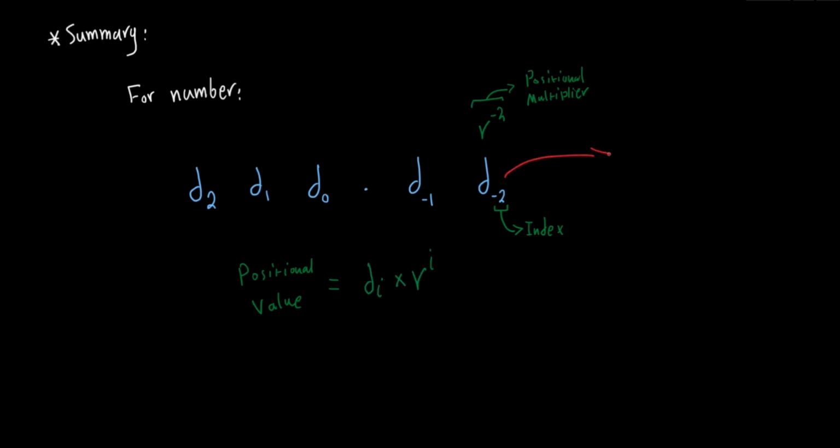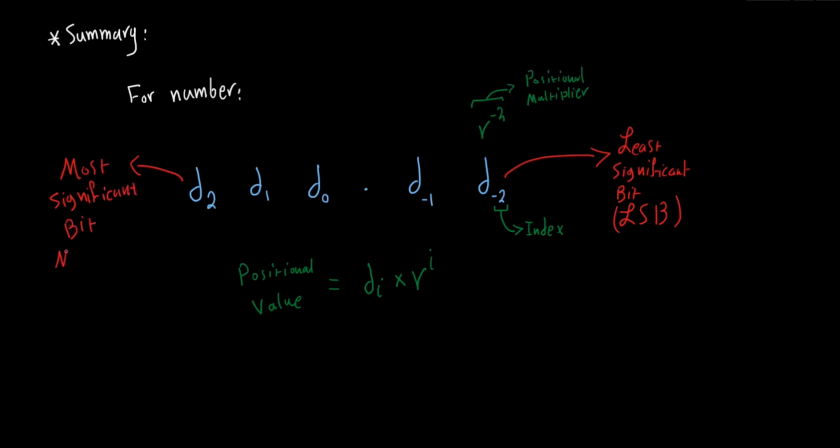So for this number that we have on here, d minus 2 has the lowest positional multiplier and hence is called the LSB, and d2 on the other hand has the highest positional multiplier and hence is the MSB, or the most significant bit.